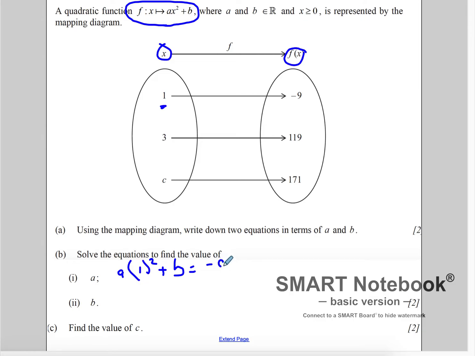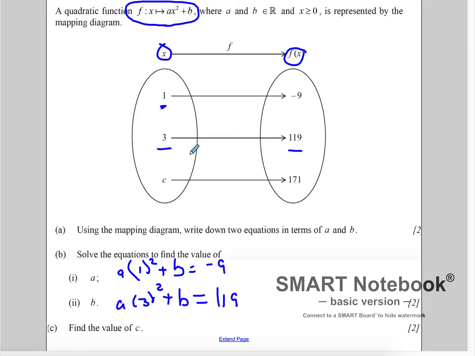So this is -9 here. Then the next one I'm going to do is the same thing, but this time it's a times 3 squared plus b is equal to 119. Again, that's because these are my x values, these are my f of x values, and the quadratic function itself is ax squared plus b.